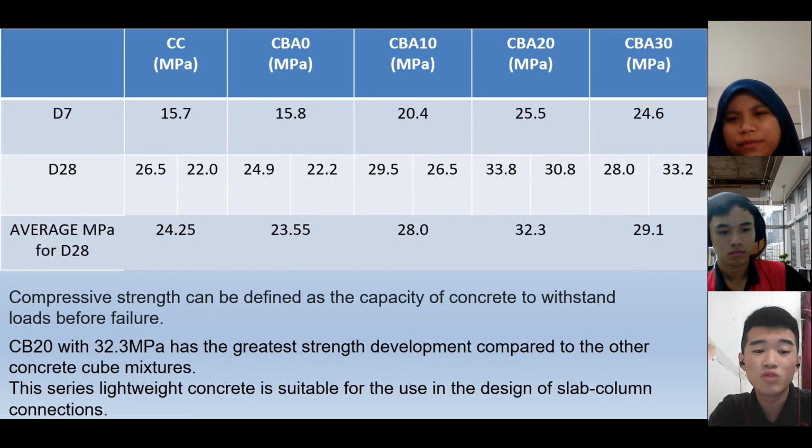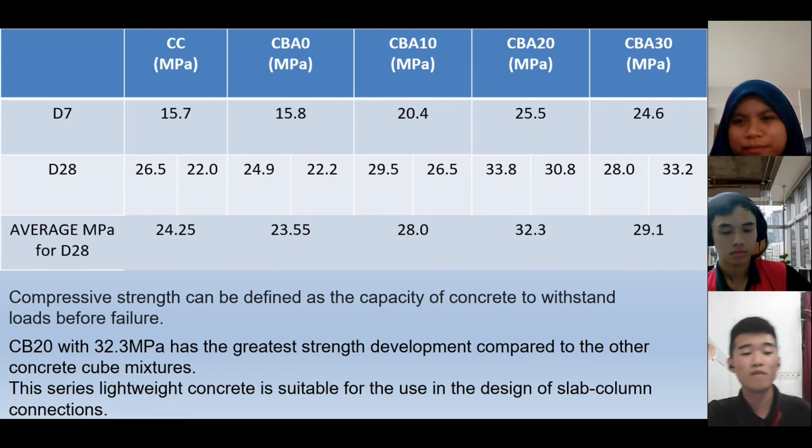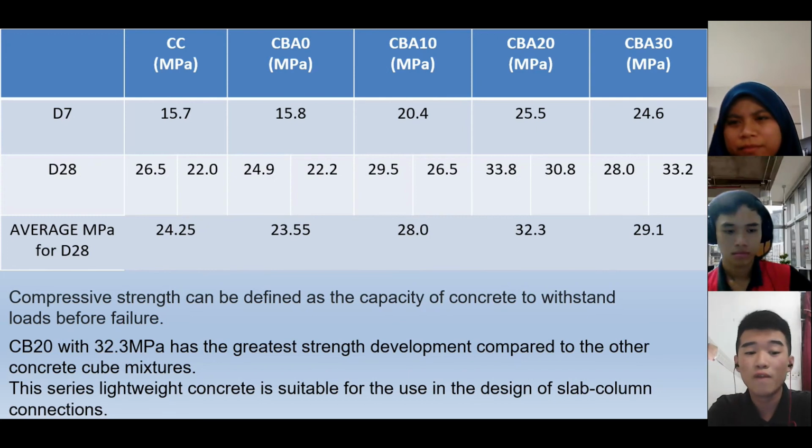Compressive strength can be defined as the capacity of concrete to withstand load before failure. CBA20 with 32.3 megapascal has greater strength compared to the other concrete cube mixes. This series of lightweight concrete is suitable for use in the design of slab-column connections.